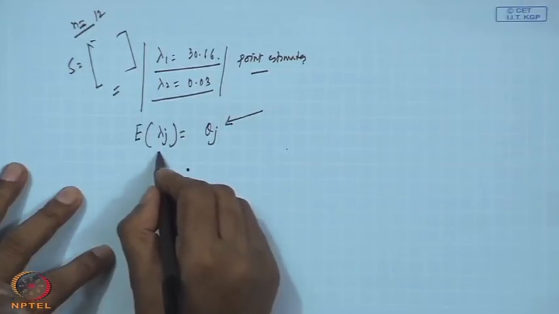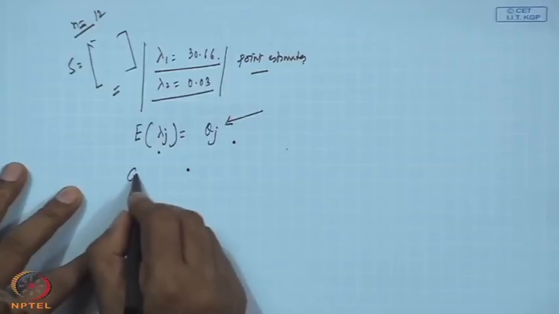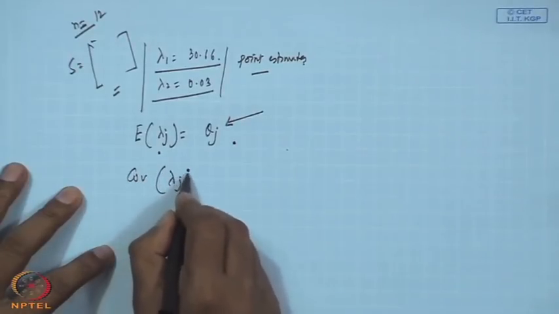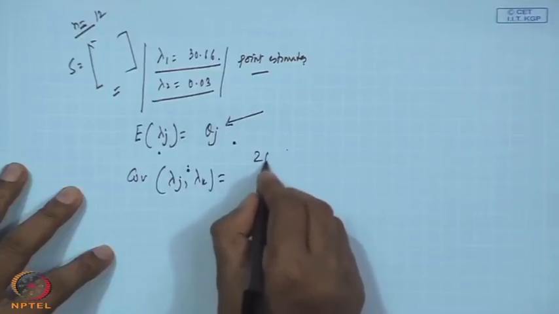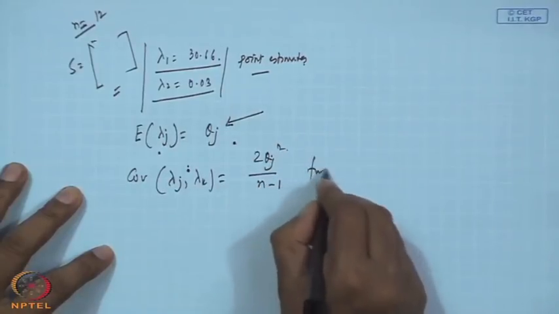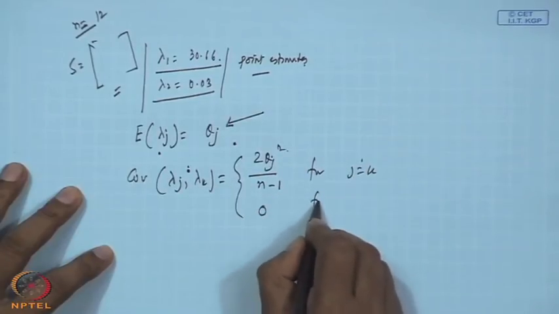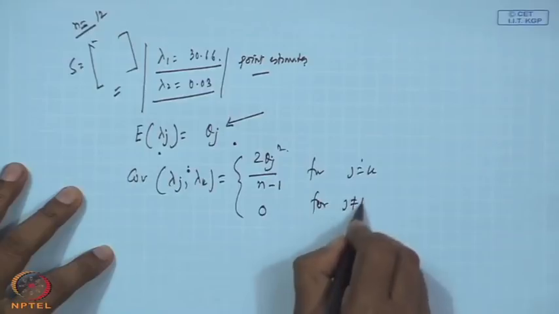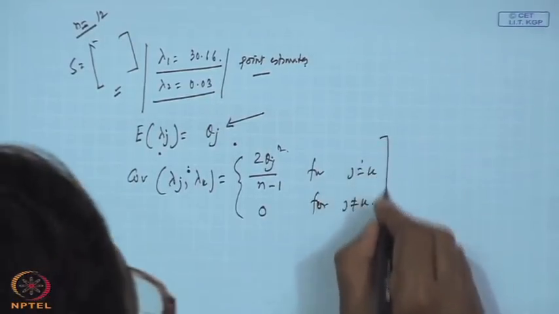This is coming from the sample, this is from the population. Second is the covariance of lambda j, lambda k, which will be 2 theta j square by n minus 1 for j equal to k, and 0 for j not equal to k. So, this is the development.